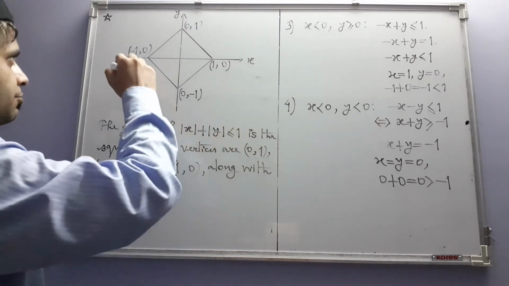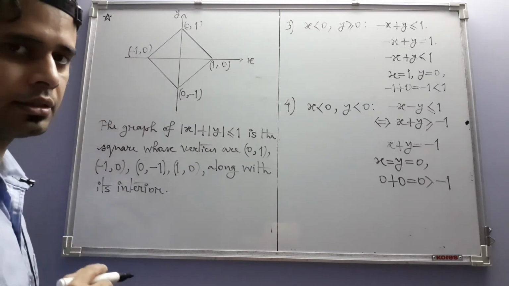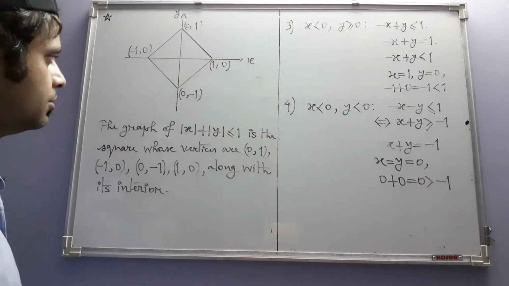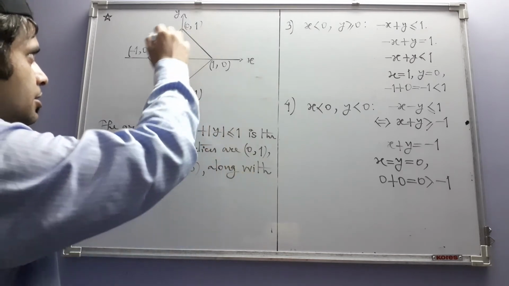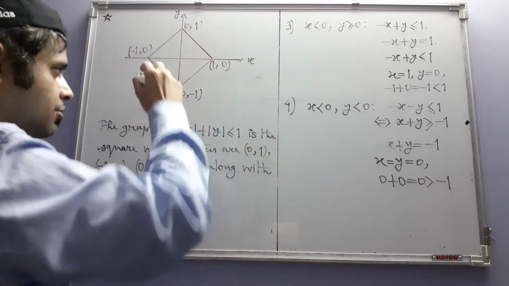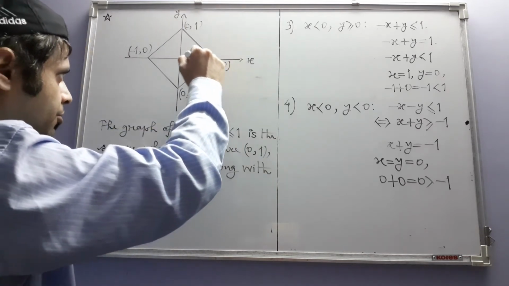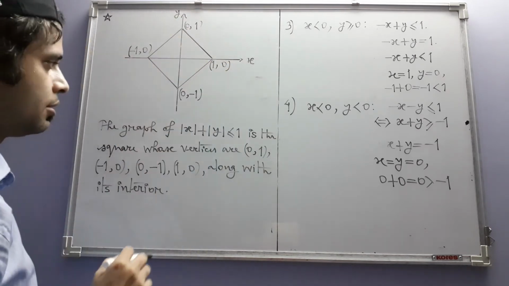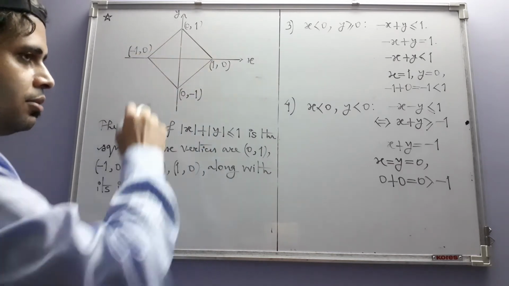But any point from the exterior of the square, for that the inequality will not be true. So the solution set of this inequality is this square along with its interior. When we say square, we of course mean the points on these straight lines, and when we say interior, then the bounded region within.